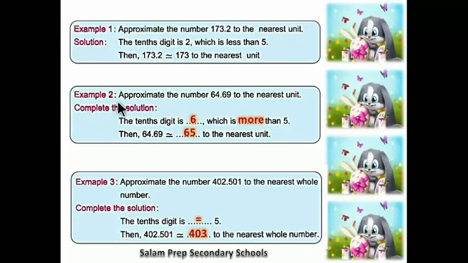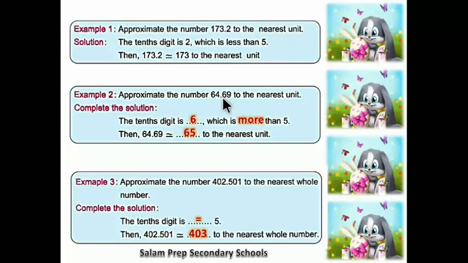Example 2. Approximate the number 64.69 to the nearest unit. Nearest unit means please go to units place. Okay? Now we will write zeros in all digits in decimal part. 0 in hundredths, 0 in tenths in decimal part. Okay? Now go to units place. Before units place is tenths.